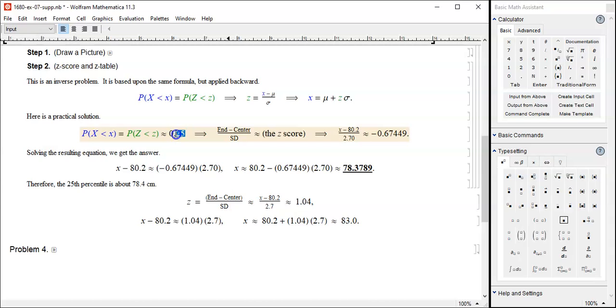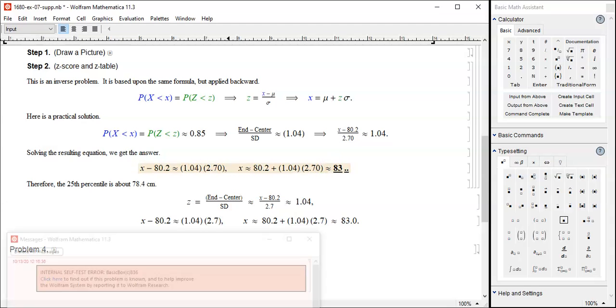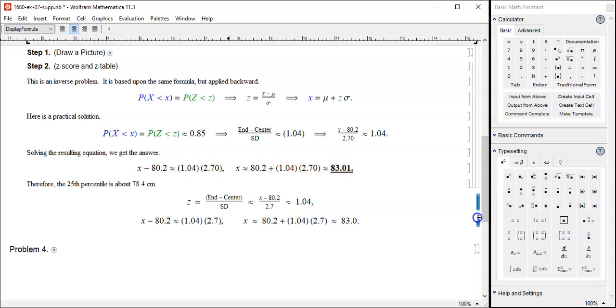Okay, so the z-score is 1.04 approximately speaking, and that was 83.01. Okay, that's what we got before.